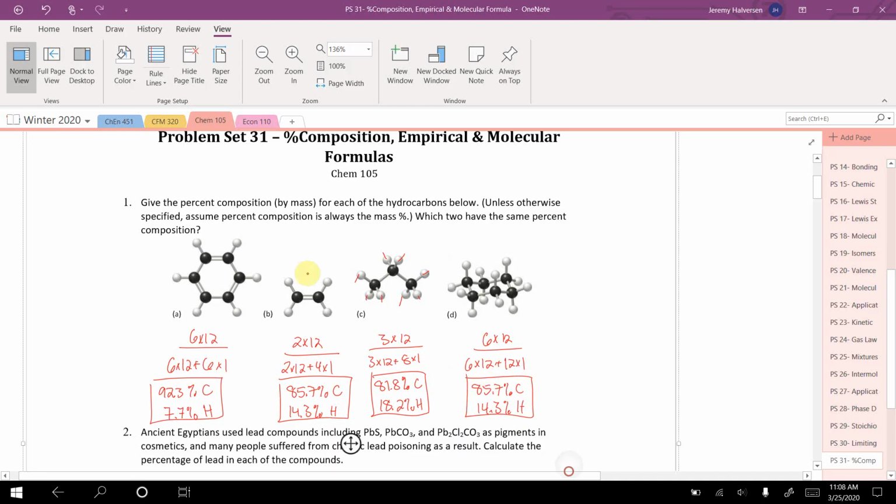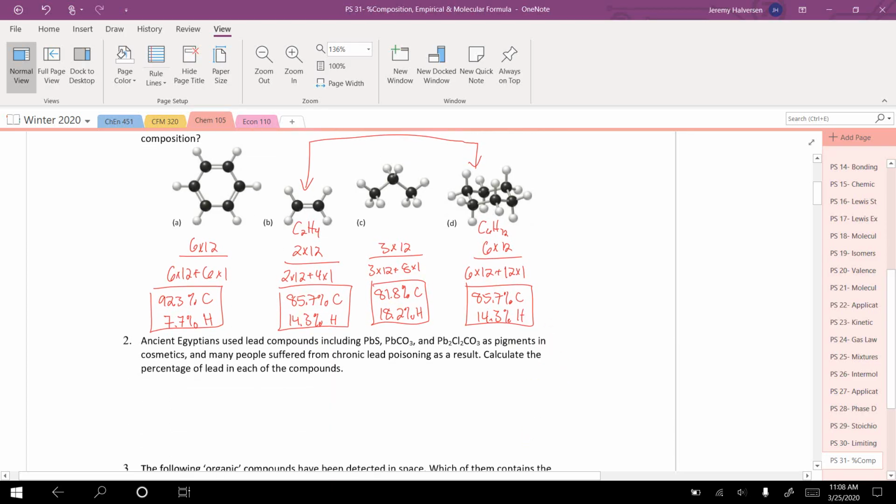So which have the same percent composition? These two have the same percent composition, because you can see this is C2H4 and this is C6H12. So this is a perfect multiple of this guy, which is why they end up with the same percent composition.